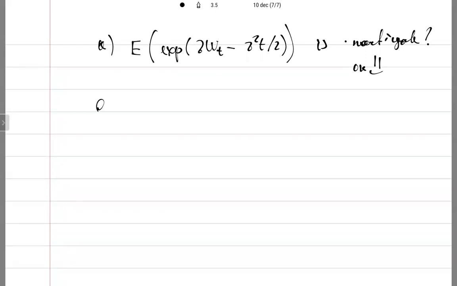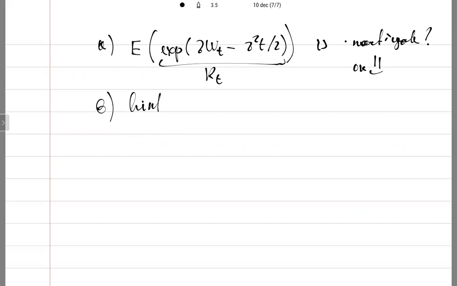So let's go to B. If it's a martingale, then the expected value of R_tau, so let's apply Doob's theorem.